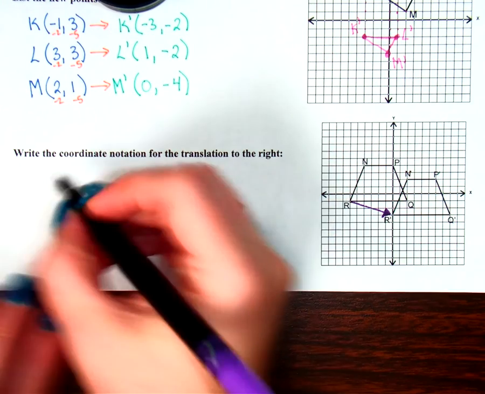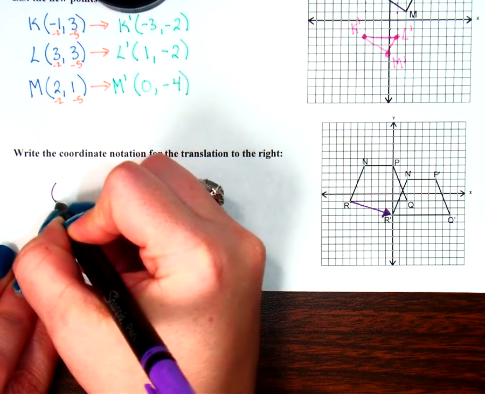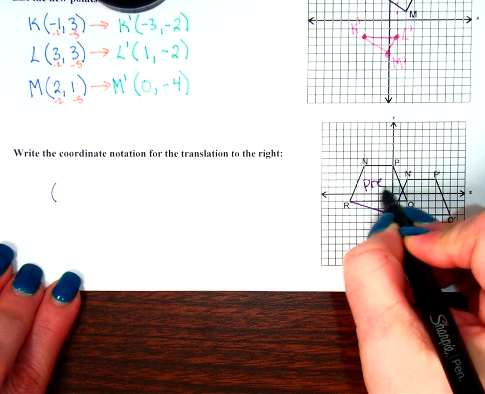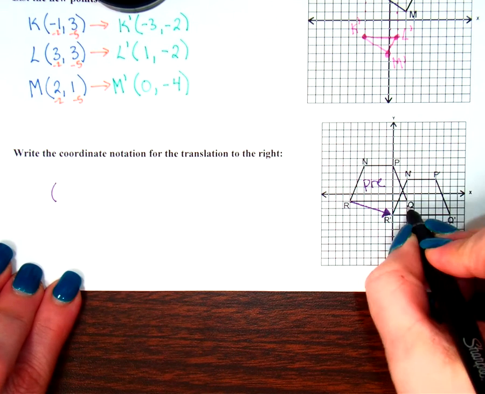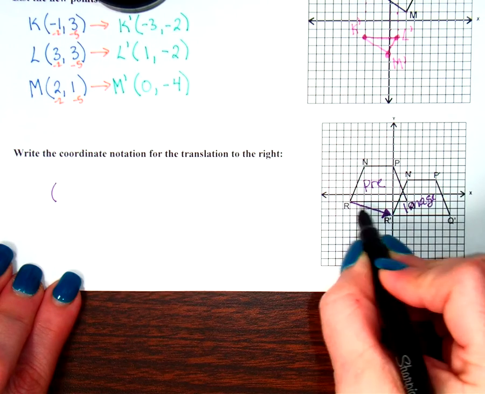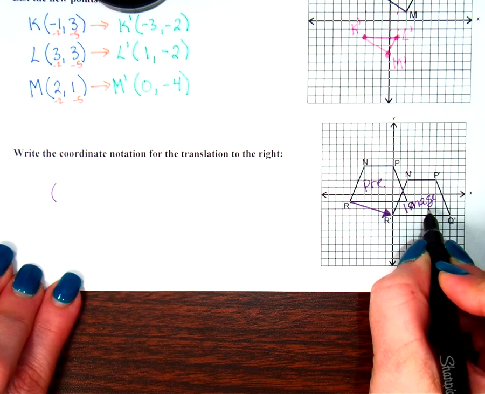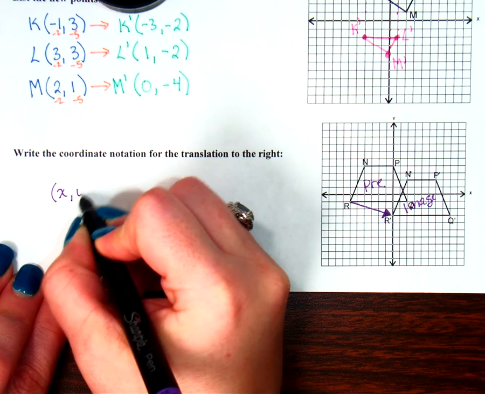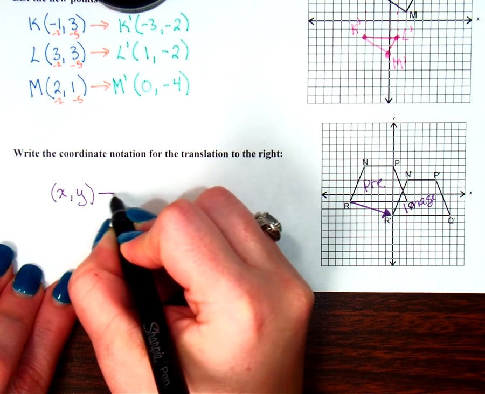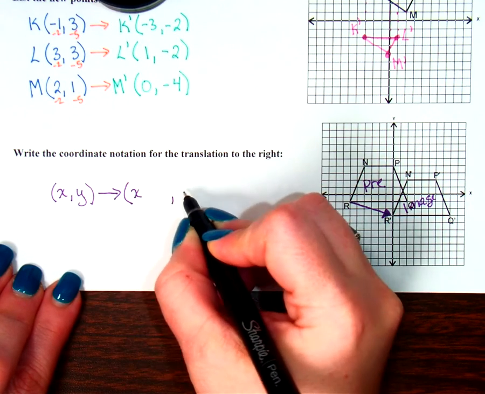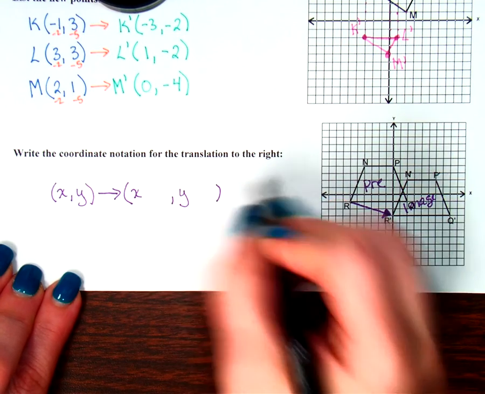Okay? So I can see that my original image values, this is my pre-image because there's no primes, right? And this one is my image because I have my primes. So that's how I knew I was going to this one here on the right. Okay? So x, y, my pre-image point, we're going to change our x and we're going to change our y. But by how much?